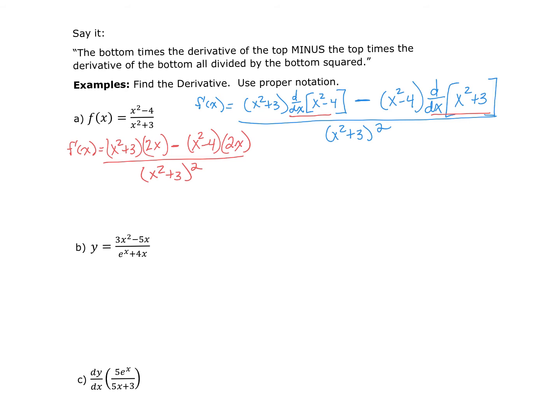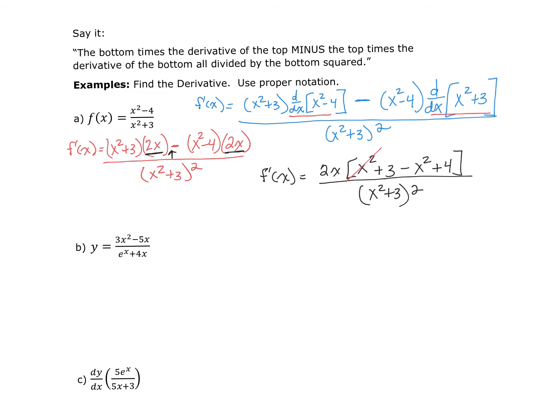Now I'm going to simplify this, and I happen to notice that I have a 2x. So I'm going to factor that 2x out, and I'll be left with x squared plus 3 minus x squared plus 4, because we are distributing this negative sign here, all over x squared plus 3 quantity squared.